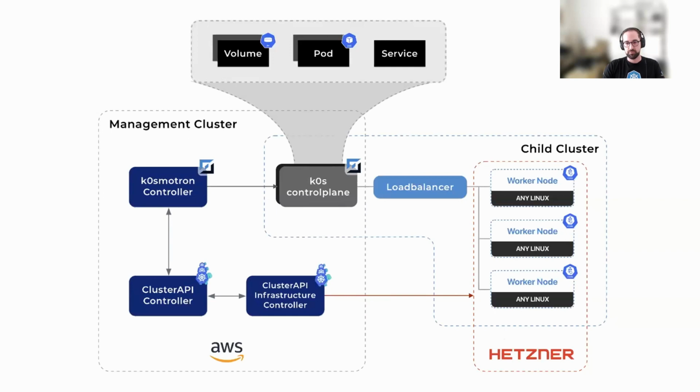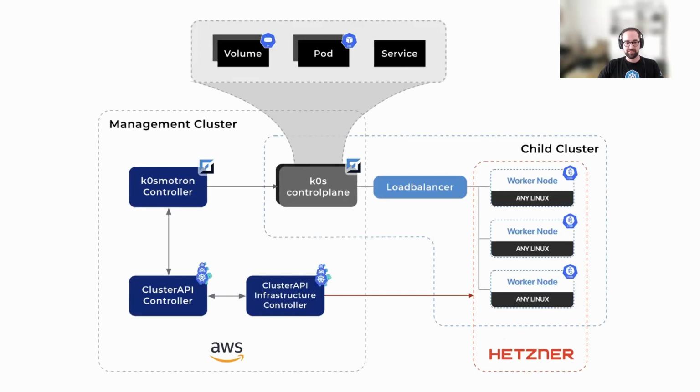And we will have Hetzner as a destination, but this can also be OpenStack or vSphere, so whatever you prefer. And we will create different machines in Hetzner, but we will also create an AWS cluster, a cluster in AWS, where you can see the benefit of k0smotron.